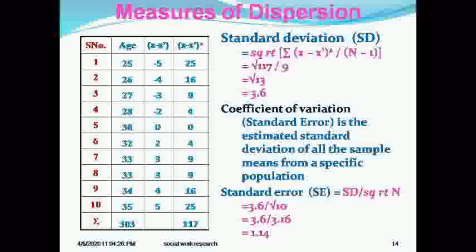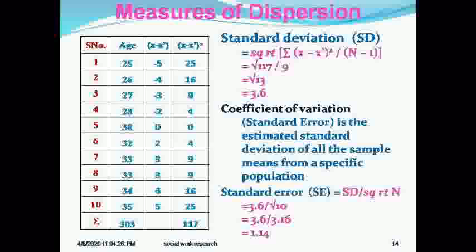Coefficient of variation, or the standard error, is the estimated standard deviation of all the sample means from a specific population. Now, this is a sample of 10 observations. Suppose we take our class as the population, which has 108 students.